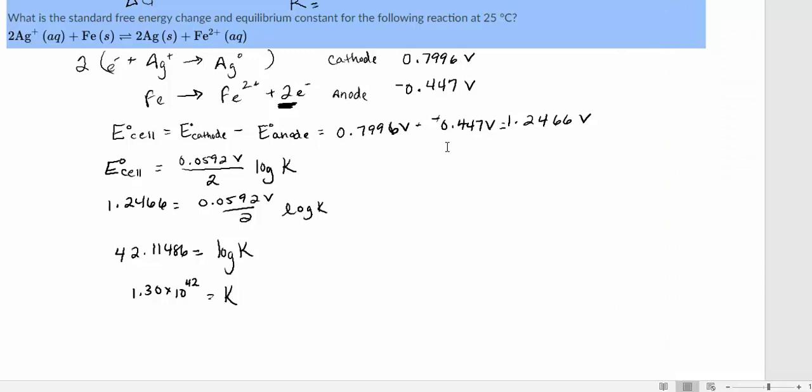So now let's calculate our delta G naught. We have another equation. Delta G naught is equal to negative NF E of the cell. So we have our N, and that's 2 because we needed 2 electrons for our overall reaction. We have our Faraday's constant, which you will need to write down and or memorize. 96,480 is what's given.